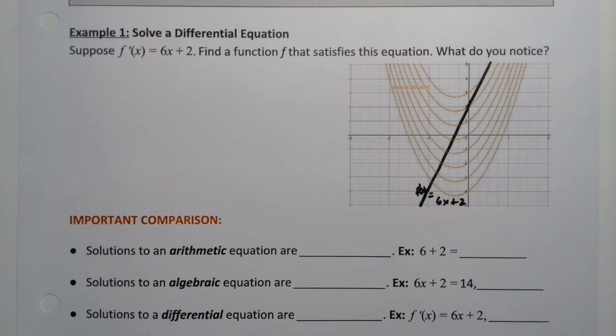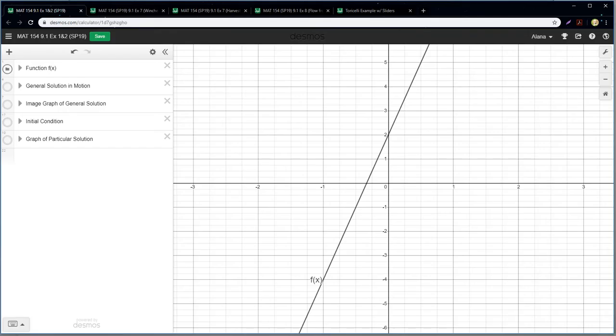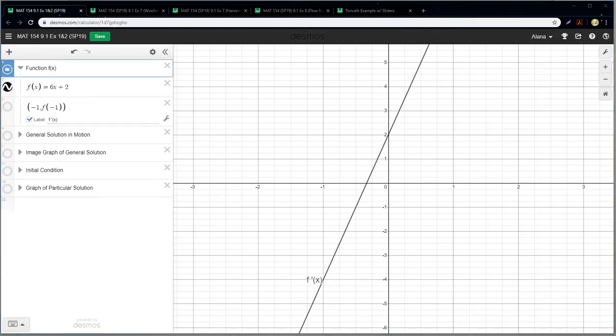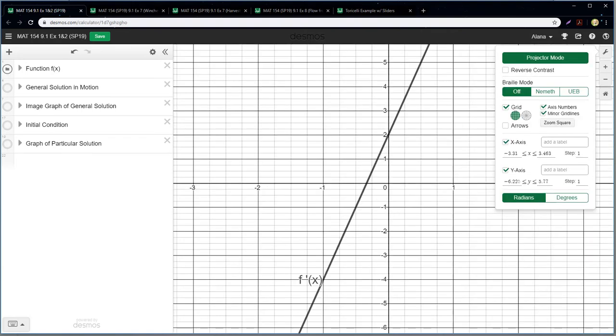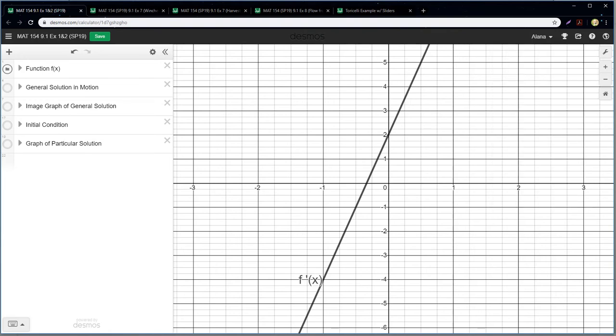And then the question is, what function satisfies it? Let me show you in Desmos really quickly. So f prime of x, I fixed the label, is equal to this lovely line here. And so then the question is, what functions would have this as its derivative? Right? That's what you're looking for.